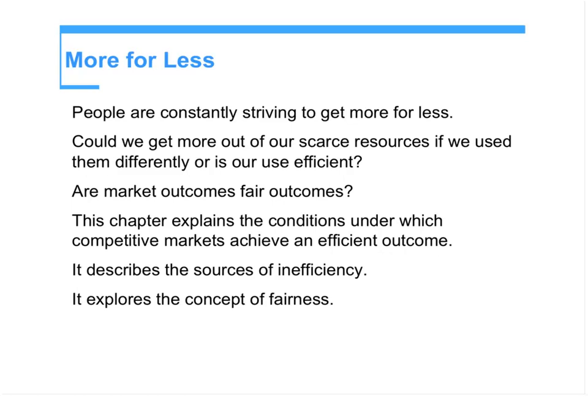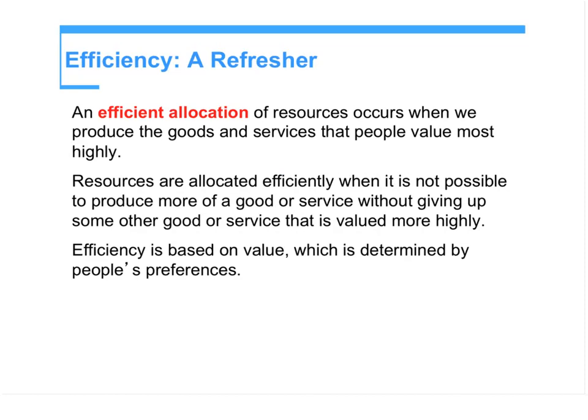This chapter explains the conditions under which competitive markets achieve an efficient outcome. It describes the sources of inefficiency and it explores the concept of fairness. An efficient allocation of resources occurs when we produce the goods and services that people value most highly.